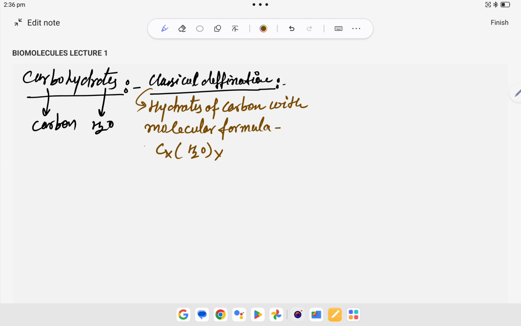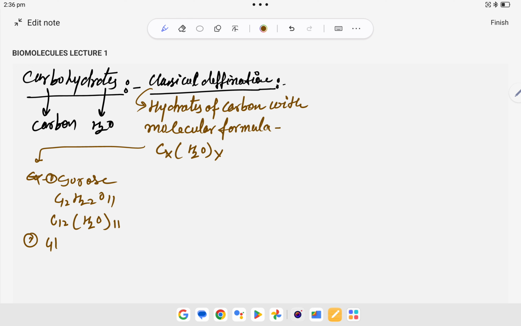For example, sucrose is C12H22O11, so how can we write it? C12(H2O)11. Example number 1. Glucose is C6H12O6, so C6(H2O)6. So these are two examples which satisfy this formula.